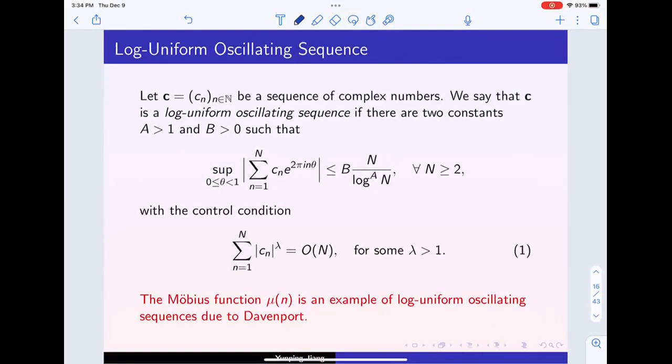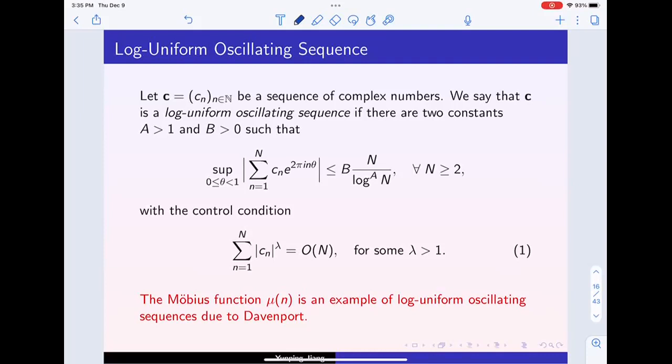Okay, so now I'm going to come back to the ergodic theory a little bit, right? So the Mobius function is one function in number theory, but I want to see if we have other kinds of sequences of complex numbers that share the same property as the Mobius function, right? Then we go back to the Mobius function to understand it. So suppose I give a sequence of complex numbers.